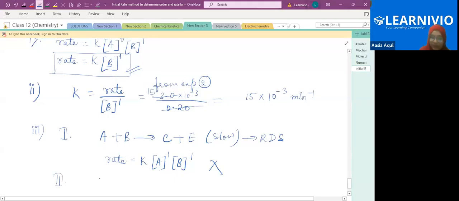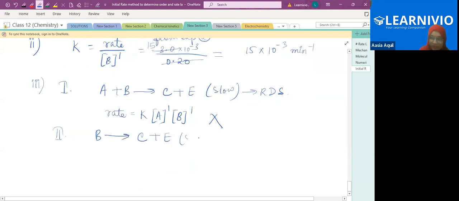Let's check for the second one. B just decomposes to give you C plus E, right? Again, it has been mentioned over here that this is the slowest step, meaning the rate determining step. If you write down the rate of reaction, you will find that it just depends on the B concentration, similar to the rate equation which we have derived here.